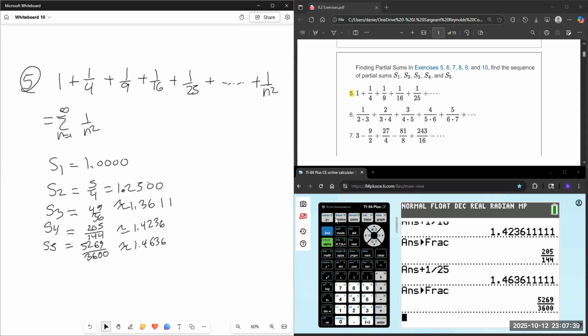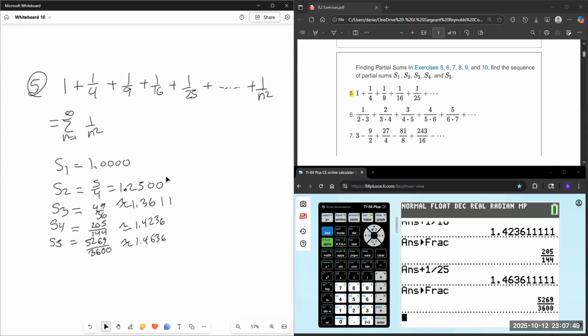And we really can't get a good idea of what the partial sums may be going to here. That's really not important, but it does look like they are getting smaller and smaller amounts being added to them each time. There's a possibility that this is going to get closer and closer and closer to a number, like maybe 2.